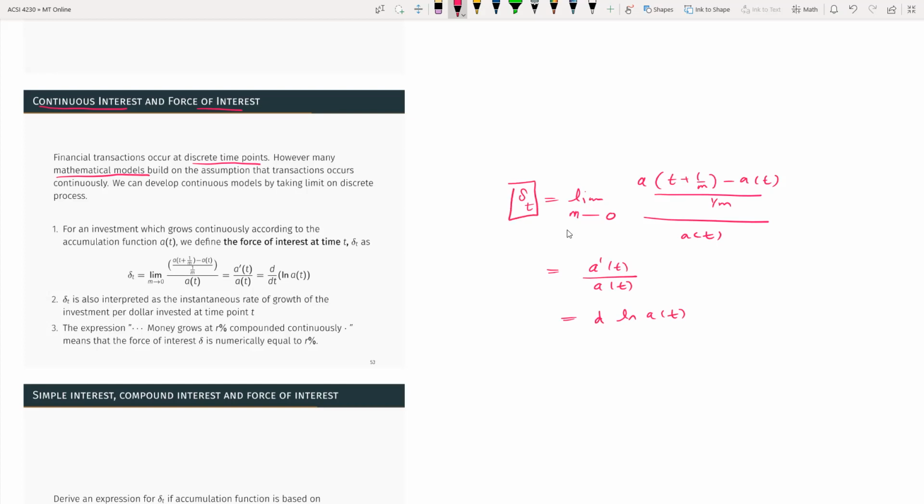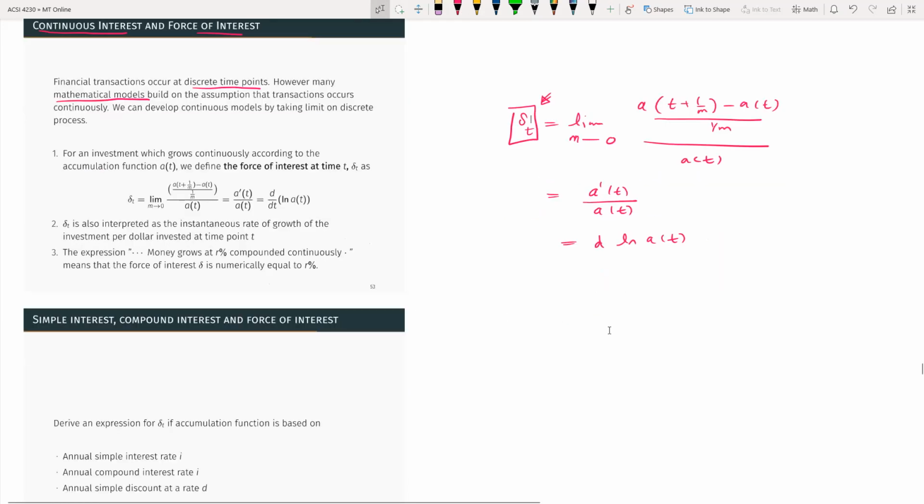We are going to use this quantity to calculate interest in the continuous model. When you see the phrase money grows at R% compounded continuously, that means delta is equal to R%.